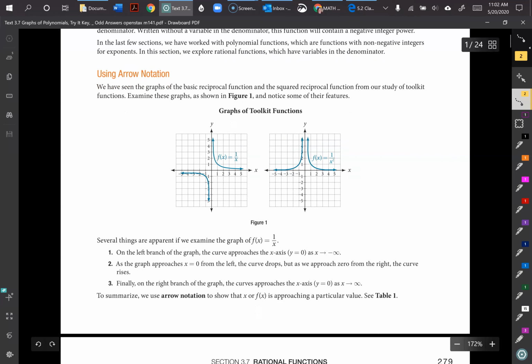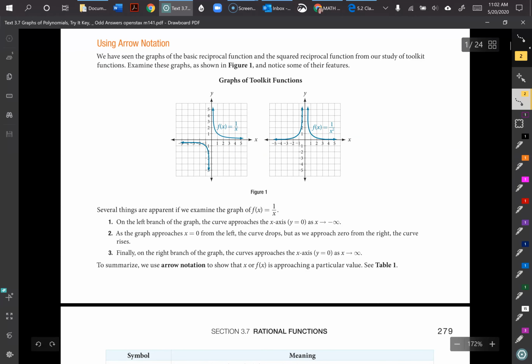If I have a situation where each piece is approaching the asymptote in the same direction, in this case they're both increasing, then I would have it be squared. So whatever your binomial is. When we look at more graphs in detail, I want you to think about that and maybe reference back to that page.